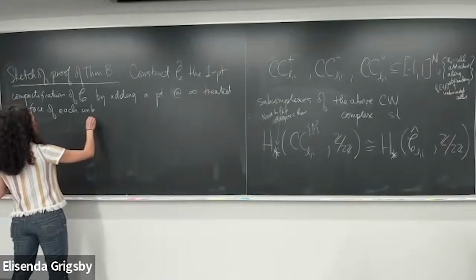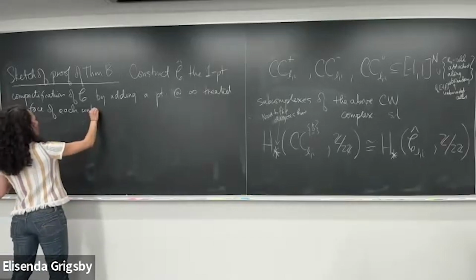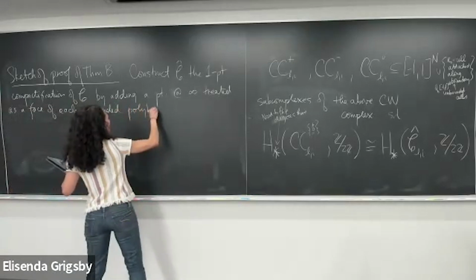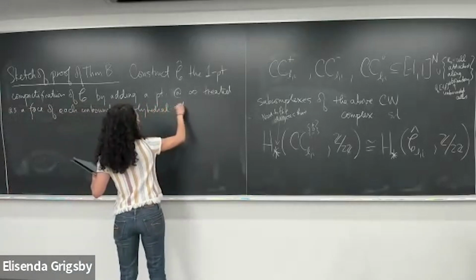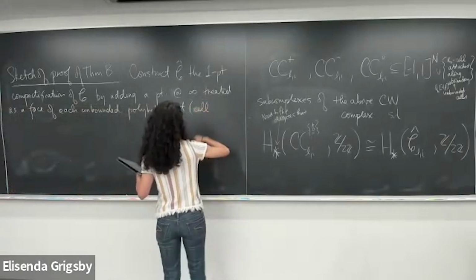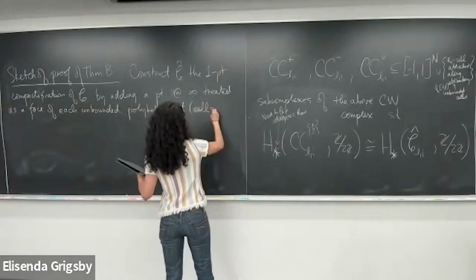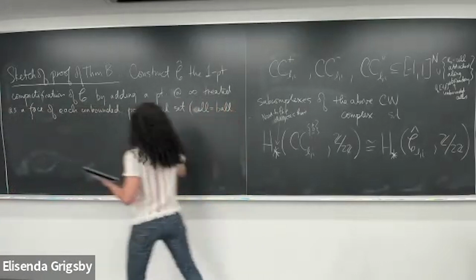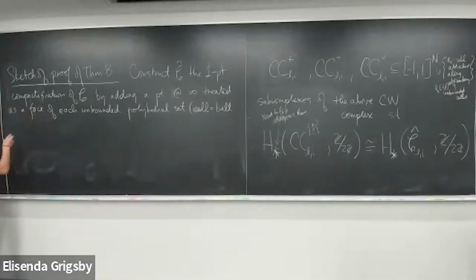So each polyhedral set is a cell, which is a ball of some dimension.